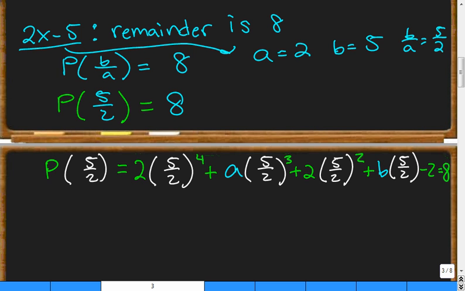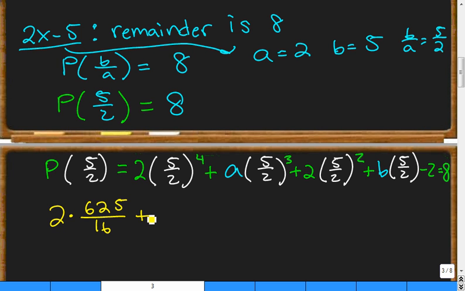So now we just need to simplify this stuff. We've got 2 times 5 halves to the 4th power. 5 to the 4th is 625. 2 to the 4th power is 16.